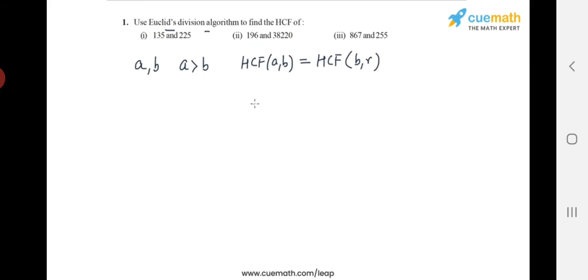This algorithm is explained in detail in the NCERT textbook, so if you have any doubts about it, do refer to the relevant part of the chapter.